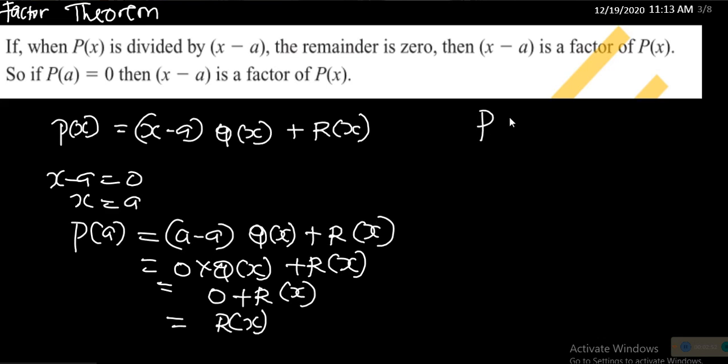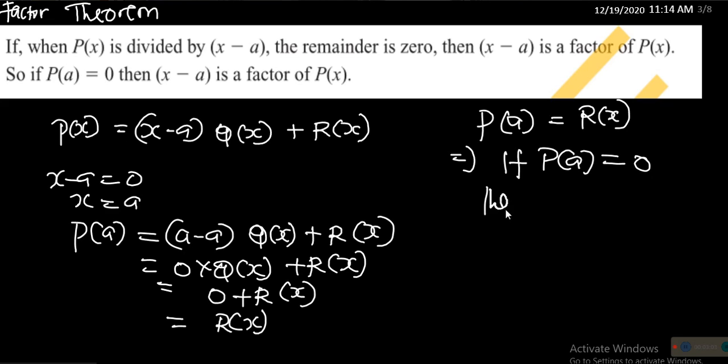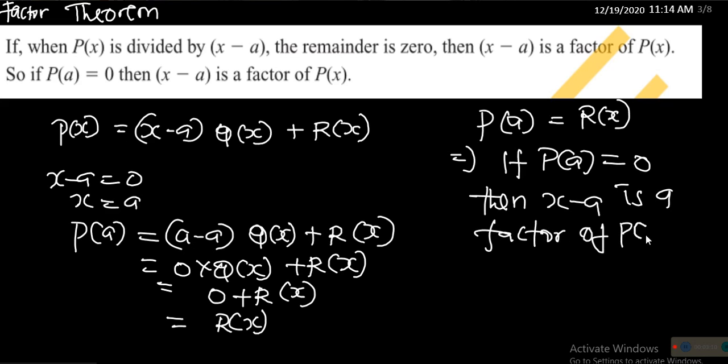So that means p of a equals r of x. Now we are saying that if p of a equals 0, then x minus a is a factor of p of x. That is the factor theorem.